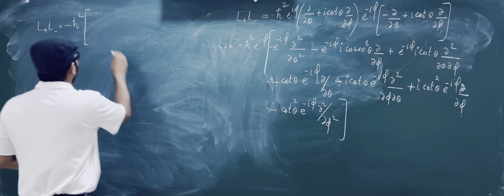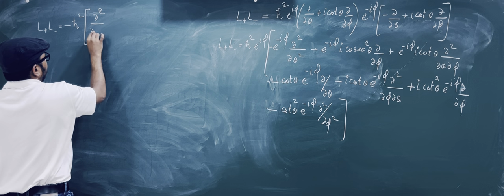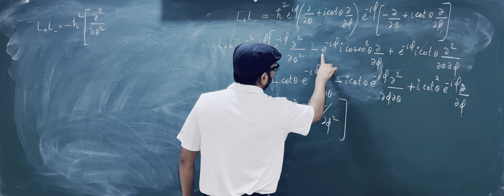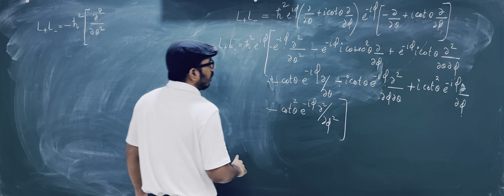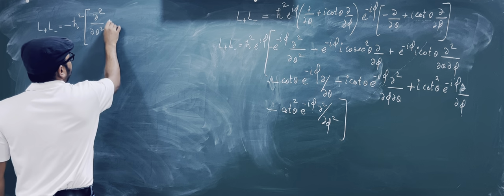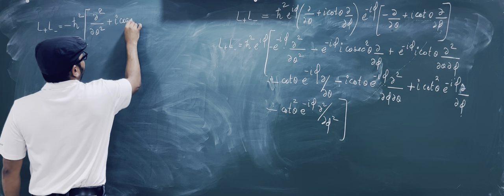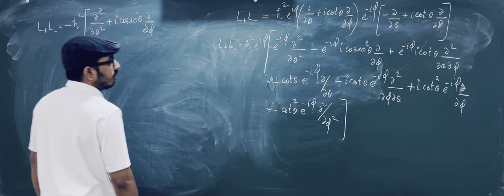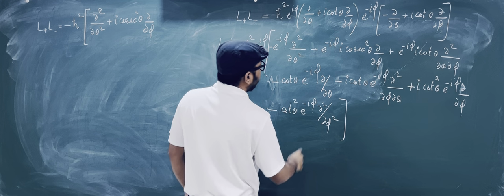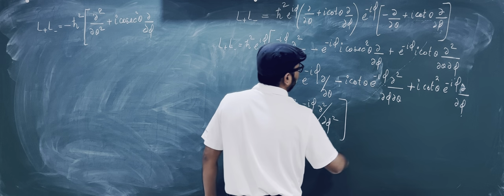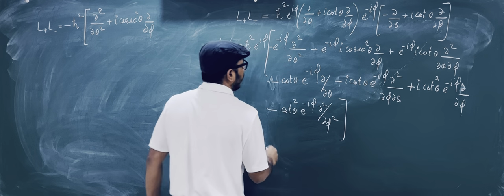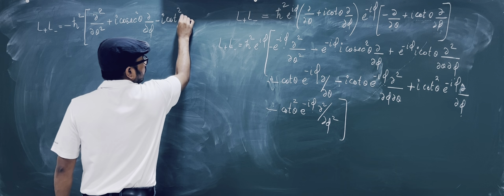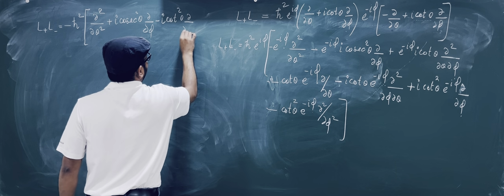This is del 2 over del theta square, del 2 over del theta square, right? Now, minus we have taken out, so it will become plus I cosec square theta del over del phi, great. And if we take minus out, this term there will be a minus, so it will become minus of I cot square theta del over del phi.